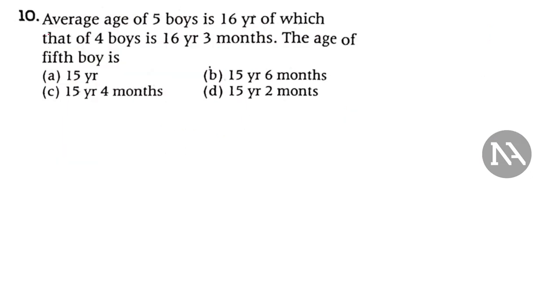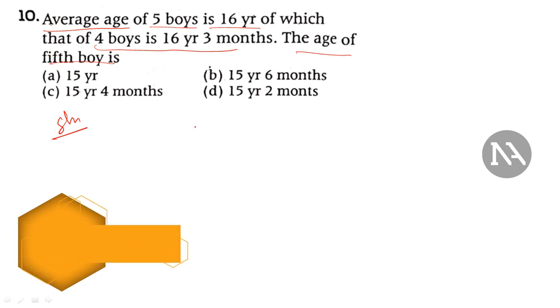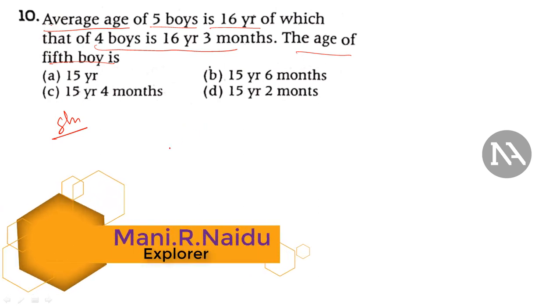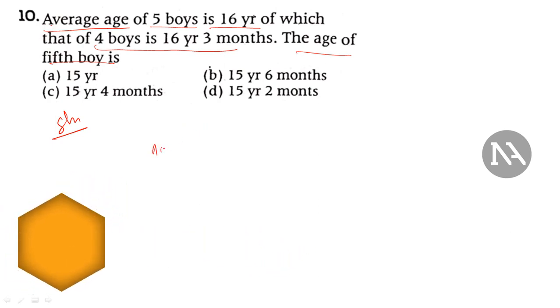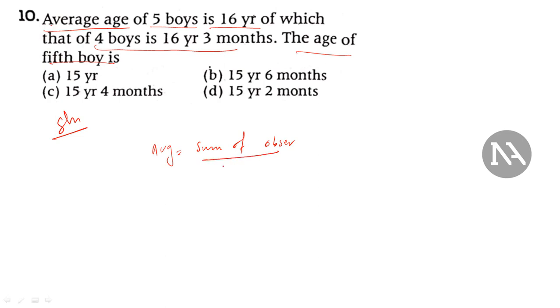This is the final question. The average age of 5 boys is 16 years. Of these, the average of 4 boys is 16 years 3 months. Then they are asking the age of the 5th boy. Here first we will find the total age of the 5 boys, the sum of observations. We know the formula: average is equal to sum of observations divided by number of observations.